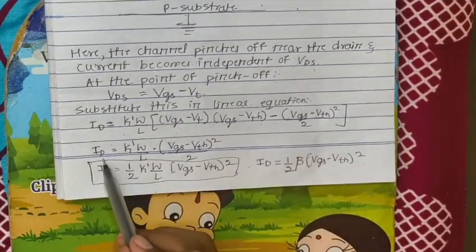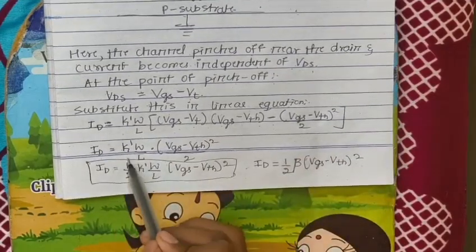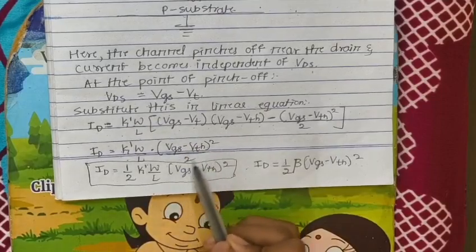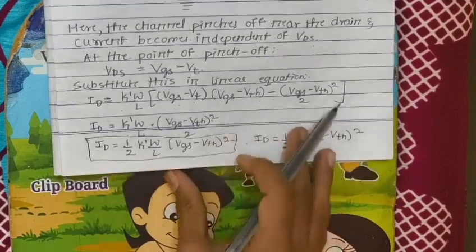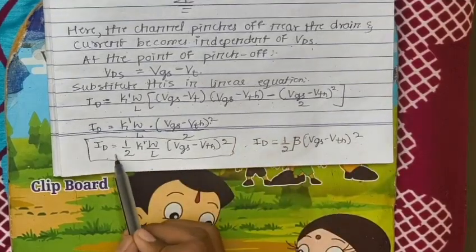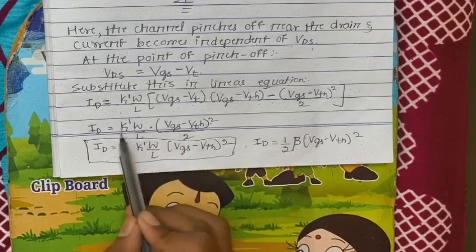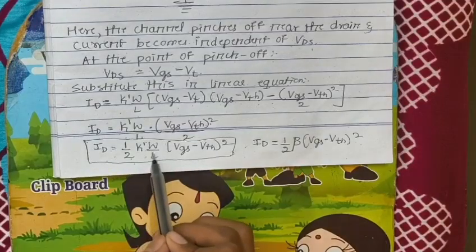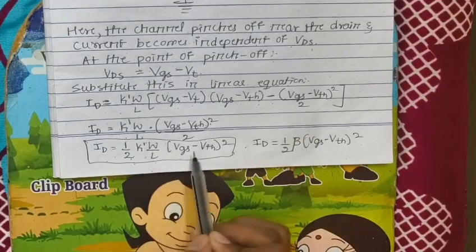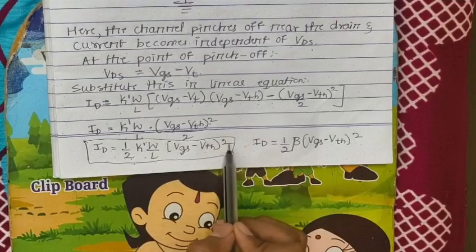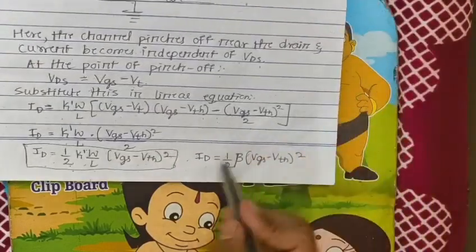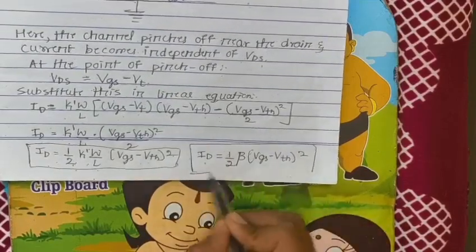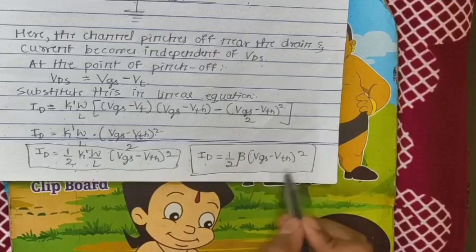Next, ID is equal to K dash W by L VGS minus VTH the whole square by 2. Next, take out 1 by 2 common: 1 by 2 K dash W by L VGS minus VTH the whole square, and the final equation is ID is equal to half beta VGS minus VT the whole square.